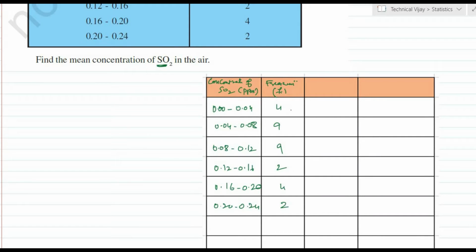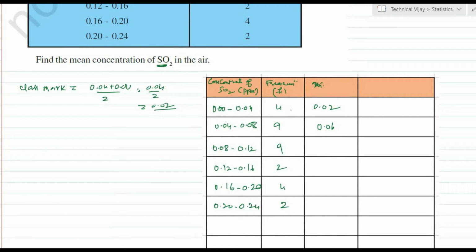Now we have to calculate Xi. Xi is the class mark. The class mark is 0.04 plus 0.00 divided by 2, that is 0.04 by 2, equal to 0.02. Then 0.08 plus 0.04 is 0.12, so that is 0.06.